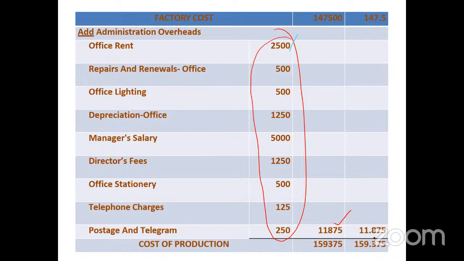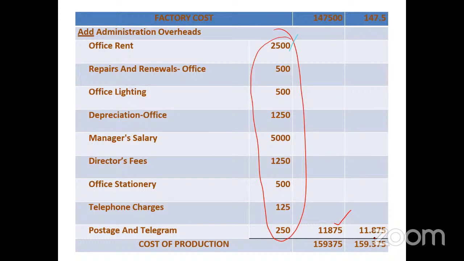Suppose you are producing three products, let's say product A, product B and product C. So for product A there will be some direct material cost, right? Product B has its direct material cost, product C has its direct material cost. For each and every product, you have to prepare an individual cost sheet. Otherwise, if you are going to prepare the consolidated cost sheet, then for one unit of product, what is the cost?